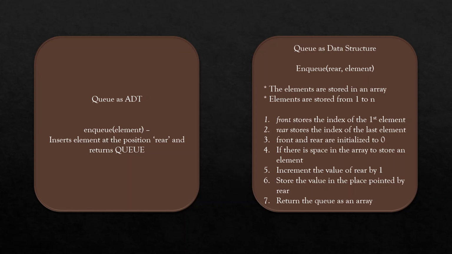Initially, front and rear are at 0 to show that the queue is empty. And if there is space in the array, we store the element by incrementing the value of rear by 1 and placing the element there. And then at the end, after the insertion is over, we return the queue as an array.